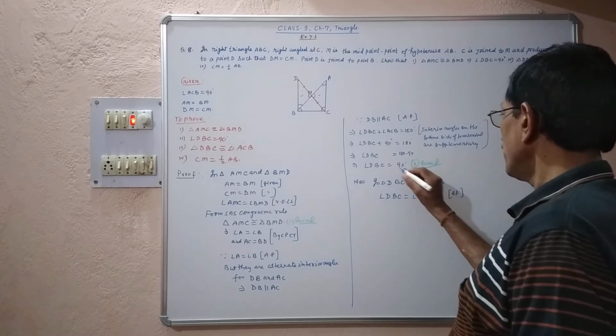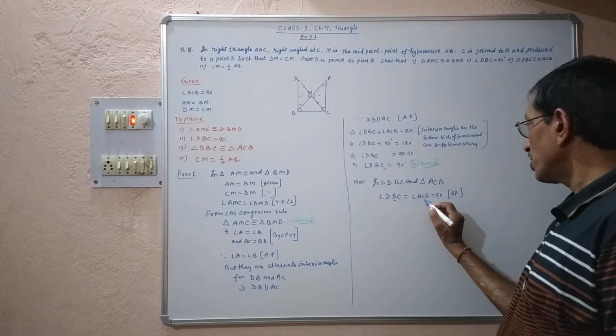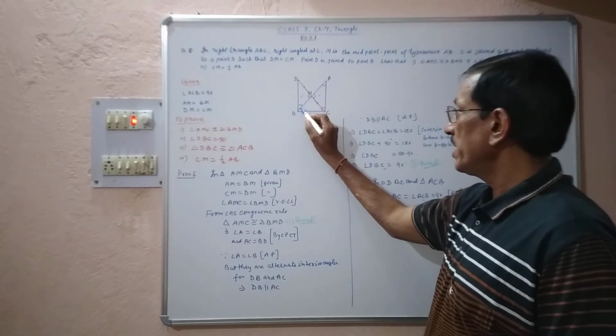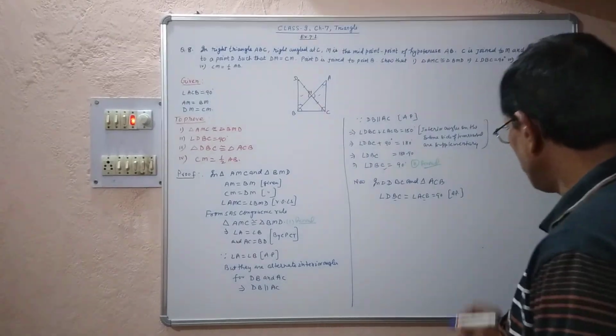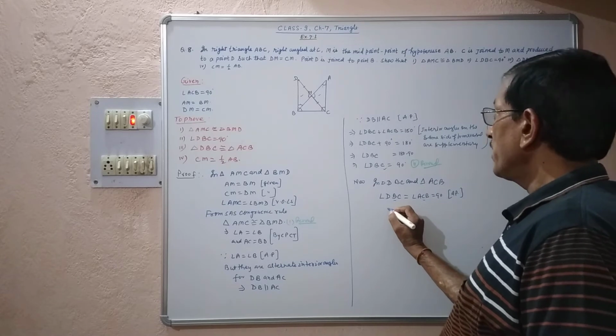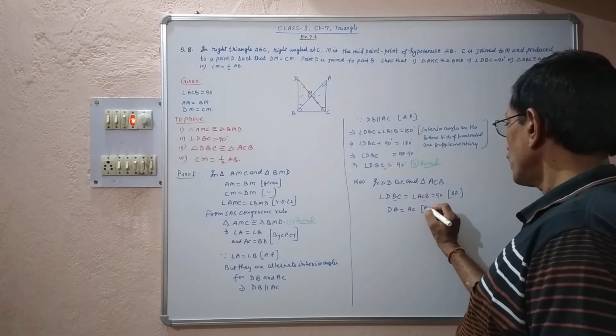Angle DBC we proved 90, ACB was already 90. So these two are 90 degrees equal and DB equal to AC. It is also above proved.